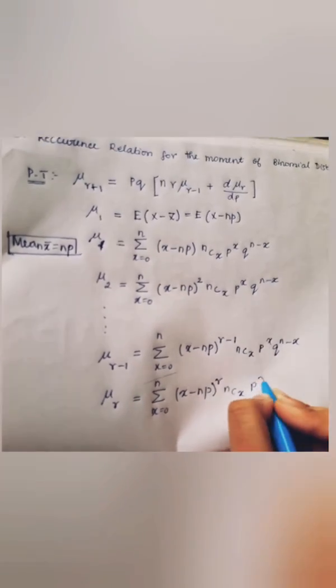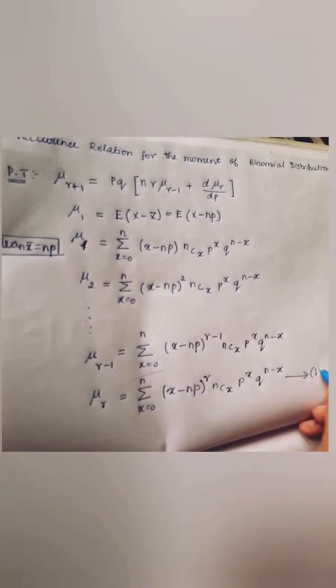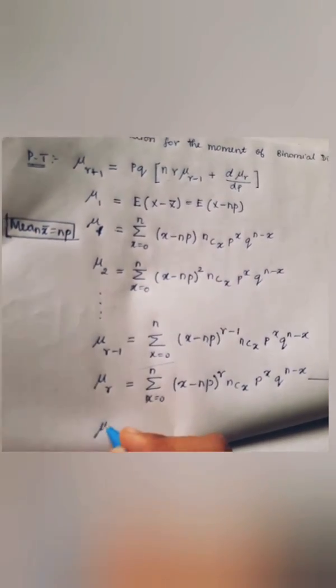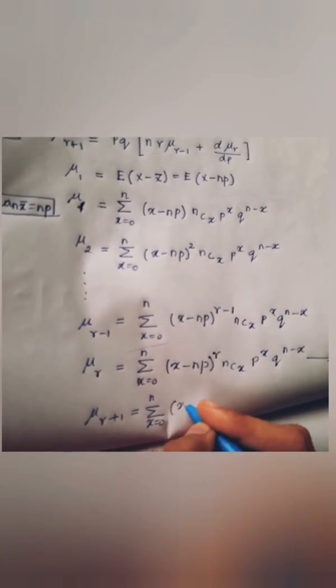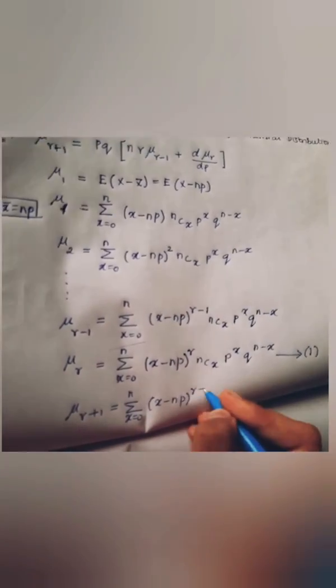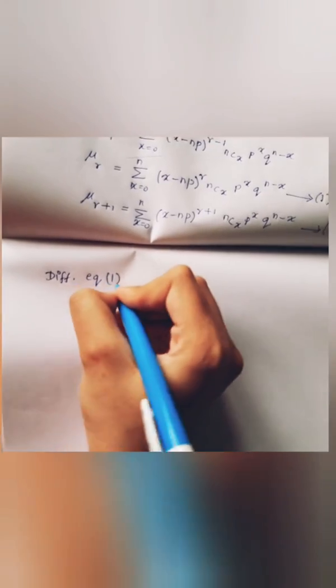Like this, we are writing mu r and marking it as equation number 1, and mu r plus 1 and marking it as equation number 2. Now we have to differentiate mu r with respect to p.